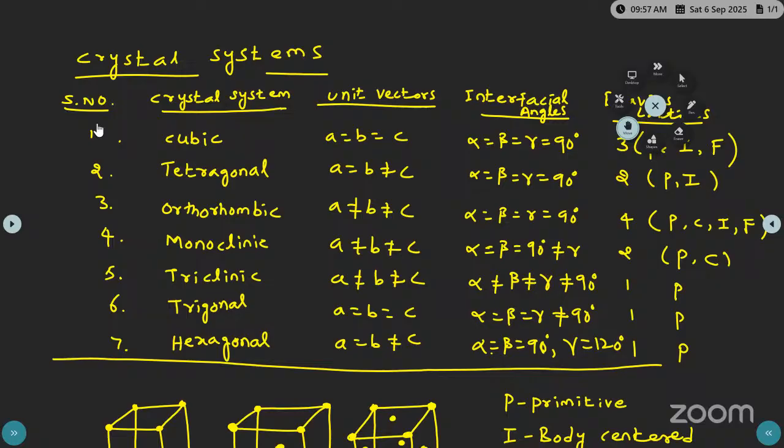Its corresponding unit vector values, interfacial angles, and its corresponding Bravais lattices.